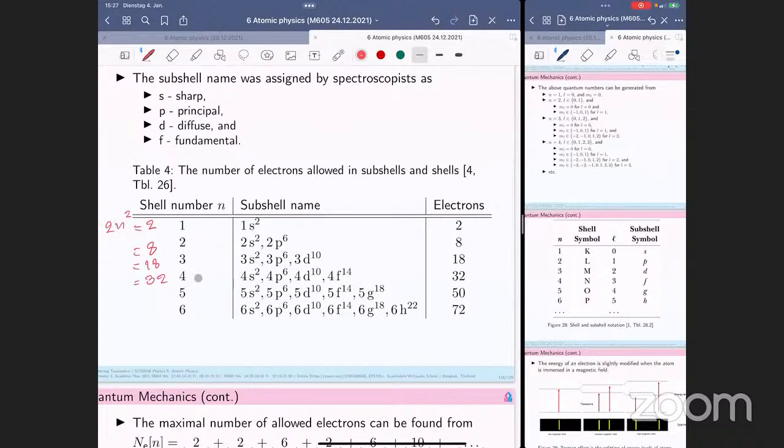When n is equal to 5, 5 squared is 25, 25 times 2 is 50, and that's why we have 50 for n equal to 5. When n is equal to 6, 6 squared is 36, 36 multiplied by 2 is 72. And you get the whole thing on the right-hand side, in the last column: 2, 8, 18, 32, 50, 72. So 2n squared is valid if you want to find the possible orbits of the electron around an atom.